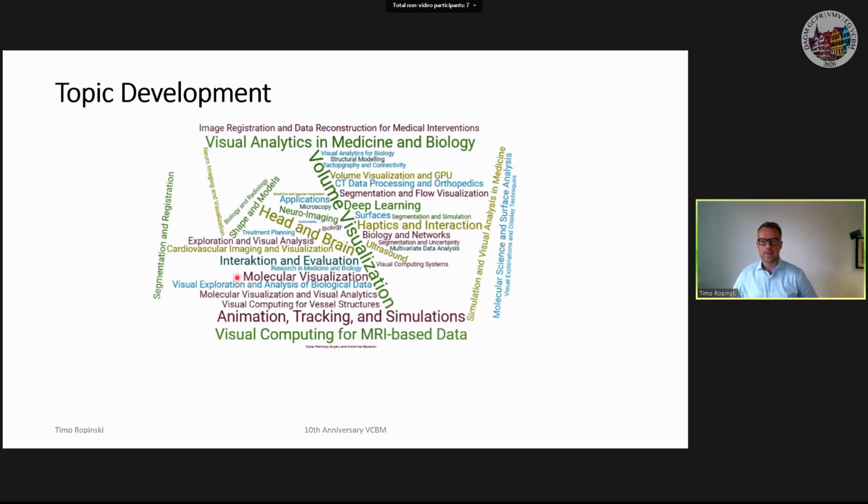But you can also see the bio part is emphasized by molecular visualization and networks in biology, for instance. And then you can also see we really cover the full spectrum of visual computing, where we have segmentation, but we also have visualization, and we have further tracking and even simulation tracks in our conference.